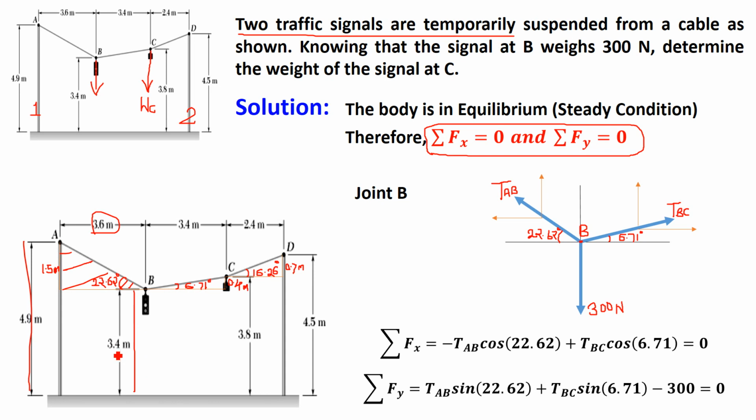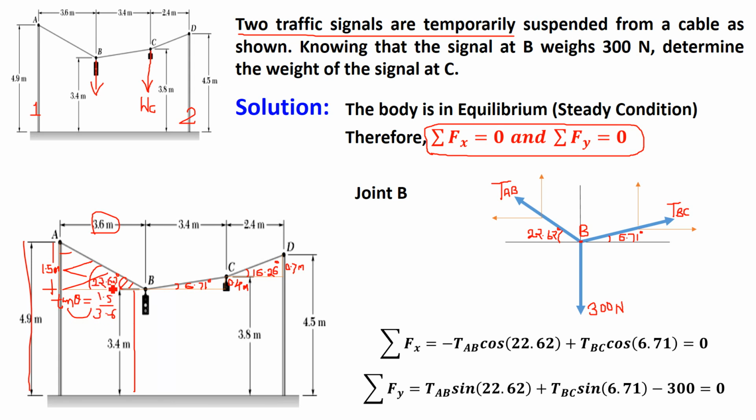So if you deduct 3.4 from 4.9, you get this distance as 1.5 meter. Then if you assume this angle is theta, tan theta is equal to front side, that is 1.5, divided by adjacent side, that is 3.6. If you find theta, that is tan inverse of 1.5 upon 3.6, the answer is 22.62 degrees.